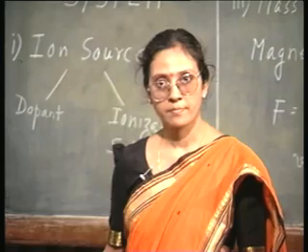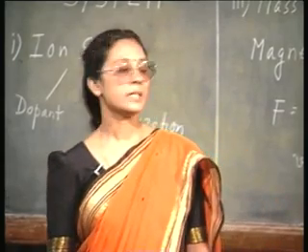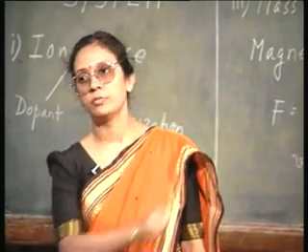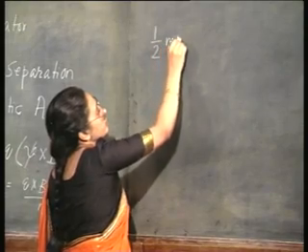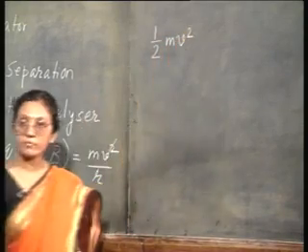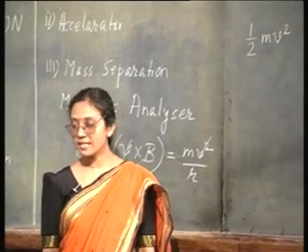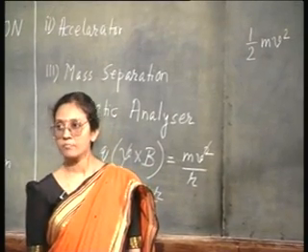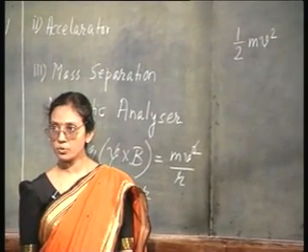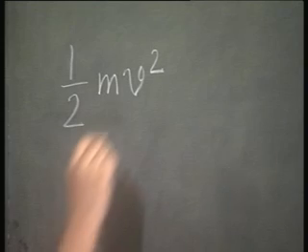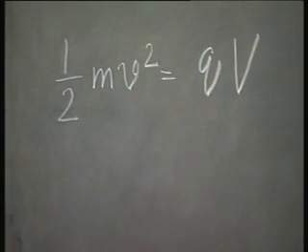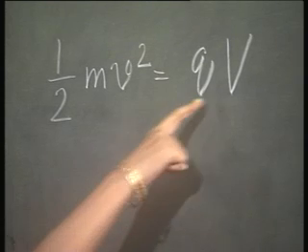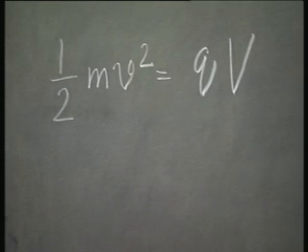So, the kinetic energy of these particles is given by half mv square, and that is imparted by the potential that is applied to it in the accelerator. If that potential is capital V, then this is the relationship: the potential energy gets converted into the kinetic energy.